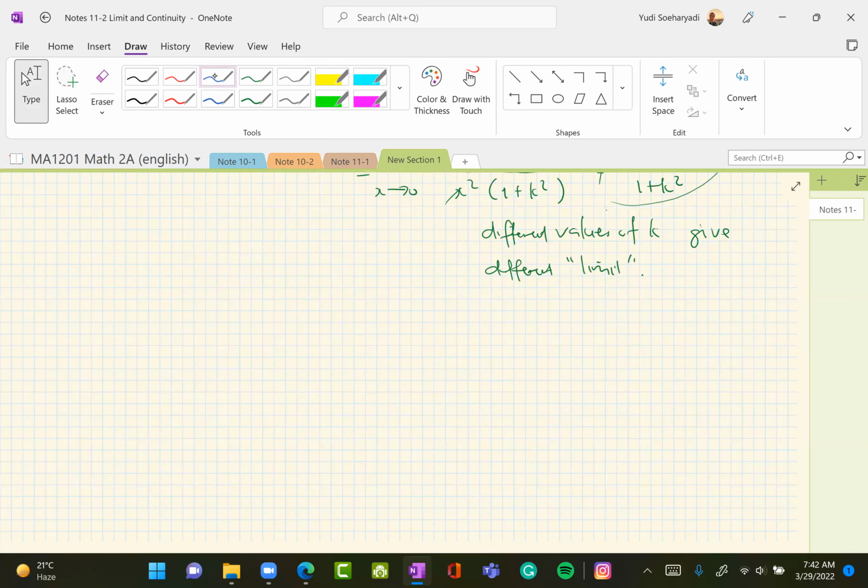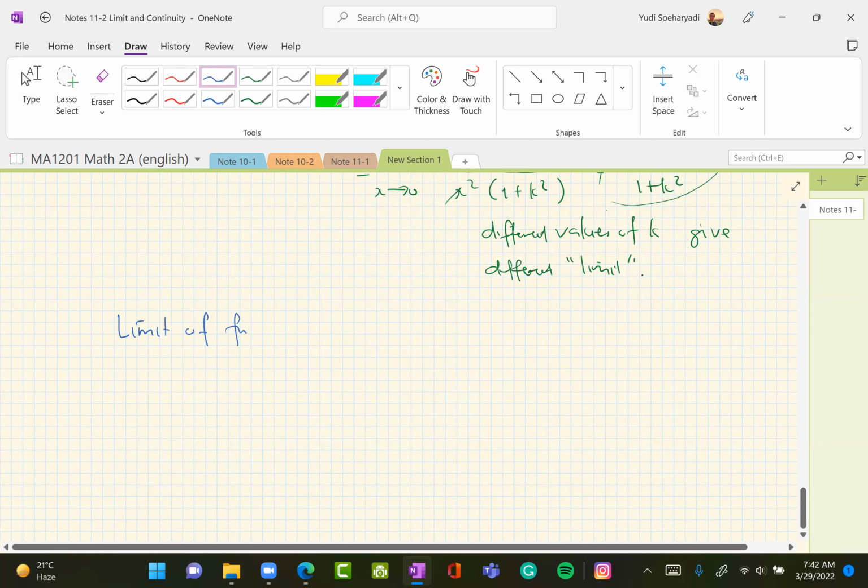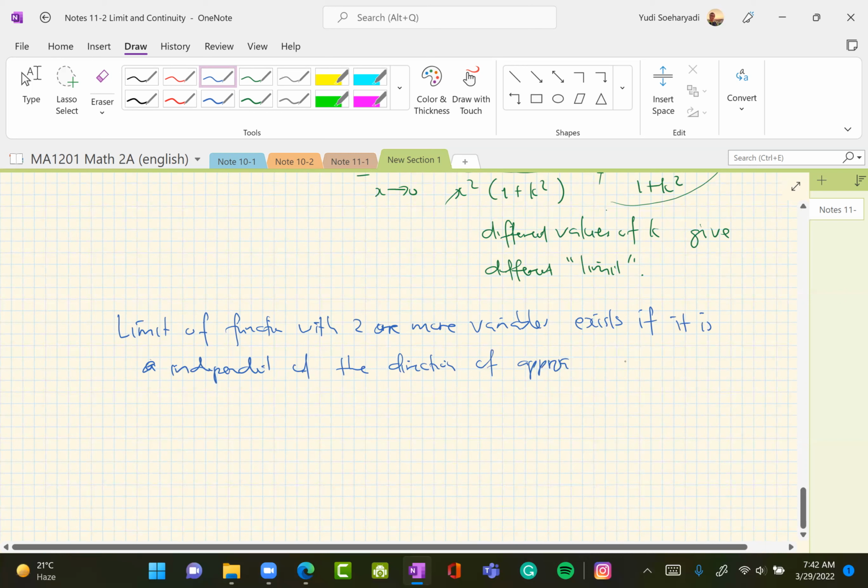So then it is easy now to state a criterion here: the limit of a function with two or more variables exists if it is independent of the approach, meaning that it will give you all the same value for every approach.